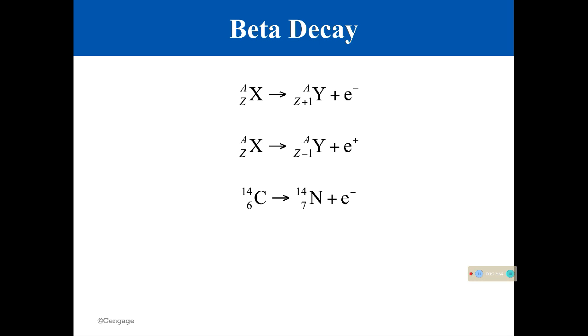So this goes up one. You see with carbon right here, carbon 14, if it goes through beta emission, it would shoot out an electron by turning a neutron into an electron and a proton. So again, you have 14. Right at the beginning here, 14 means we have 6 protons and 8 neutrons.